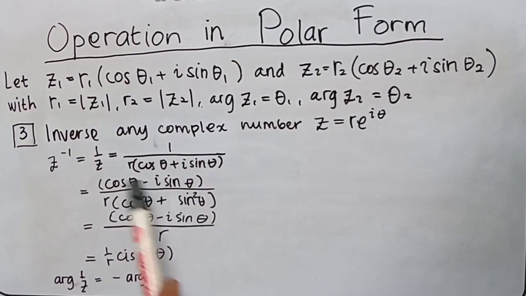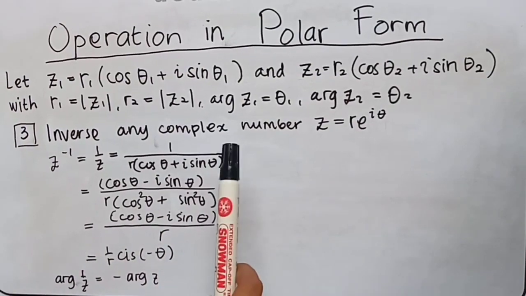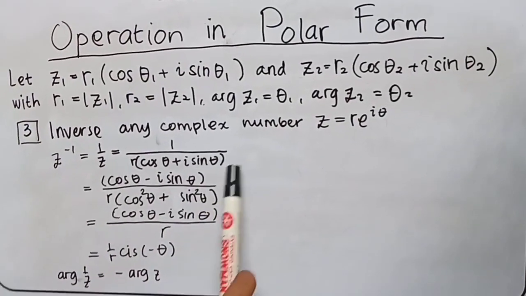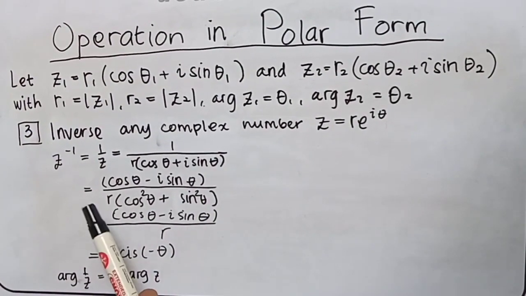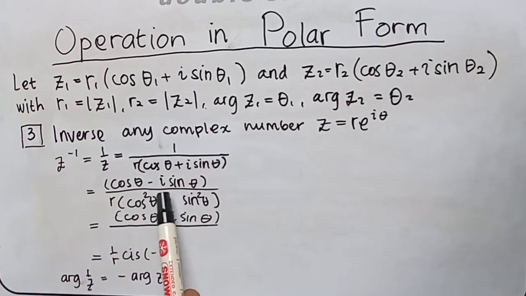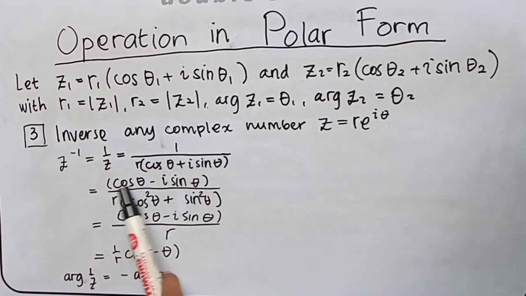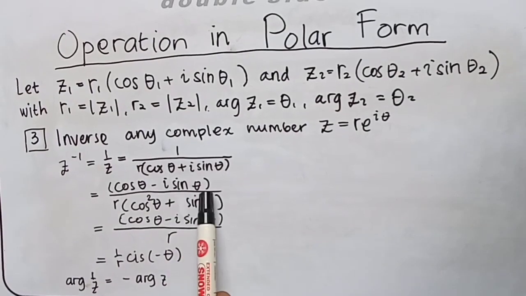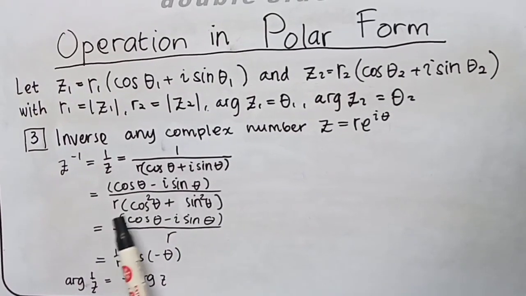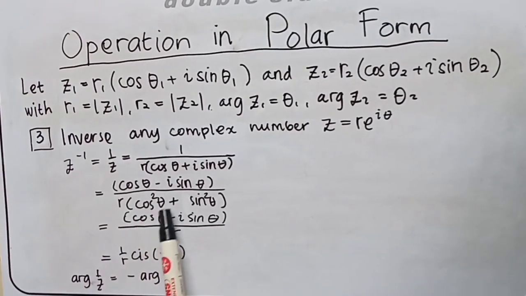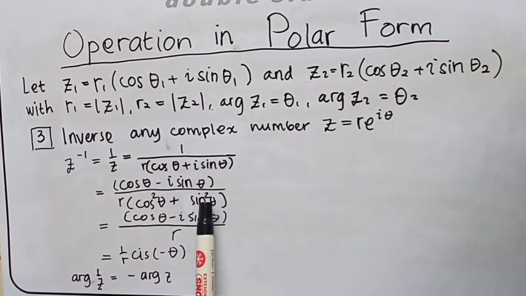This form is multiplied by the conjugate, so we get (cos theta minus i sin theta) over R (cos square theta plus sin square theta).